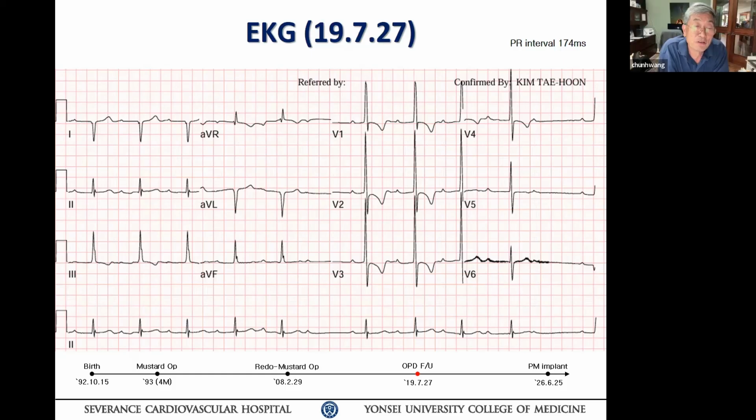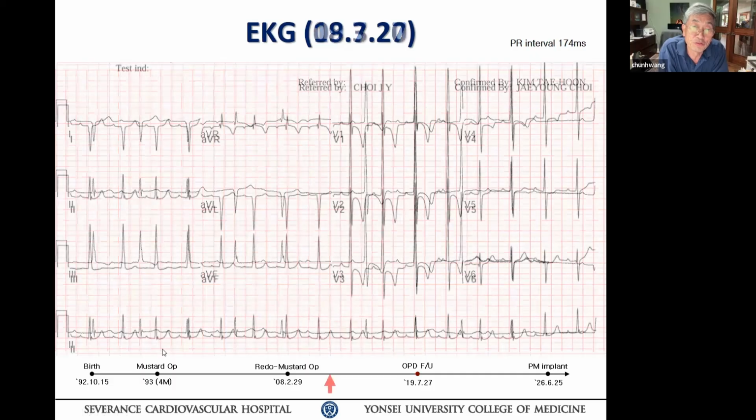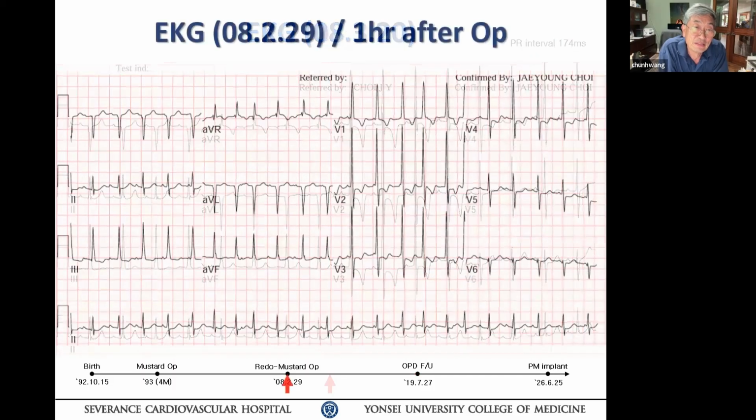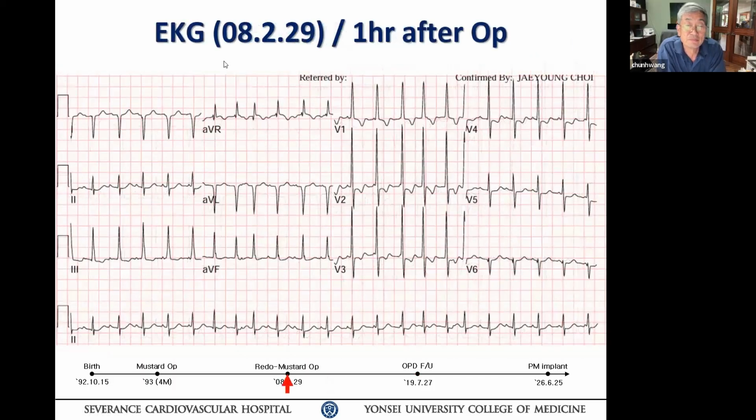Right? Look at the P wave morphology. Smaller P wave, and it is pretty much a sinus rhythm behavior. Okay? Go back to that ECG right after the surgery that you showed us. What do you think? Do you think it's a different rhythm or the same rhythm? It is the same rhythm.